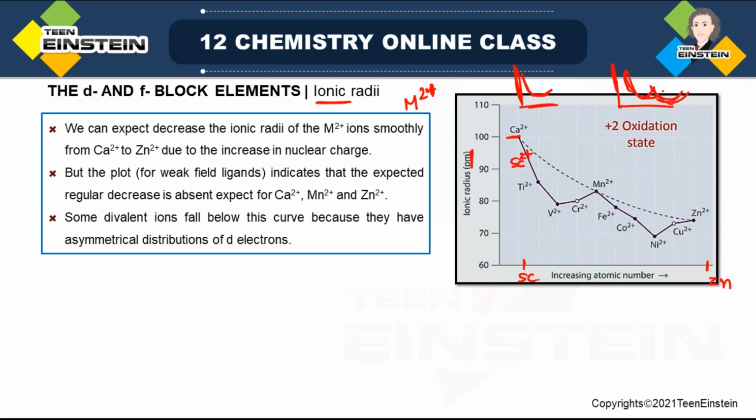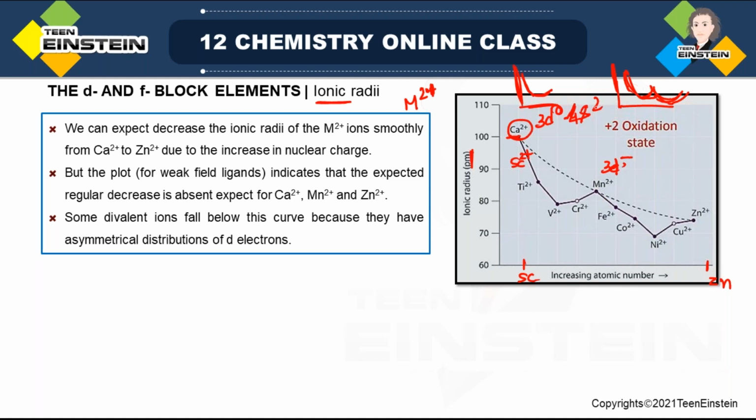But we have to know what the reason is. If you do not consider these elements, that is if you consider only Ca2+, which is basically 3d0, there is no d electron, it is from s block, and 4s2. Then Mn2+ is basically 3d5.